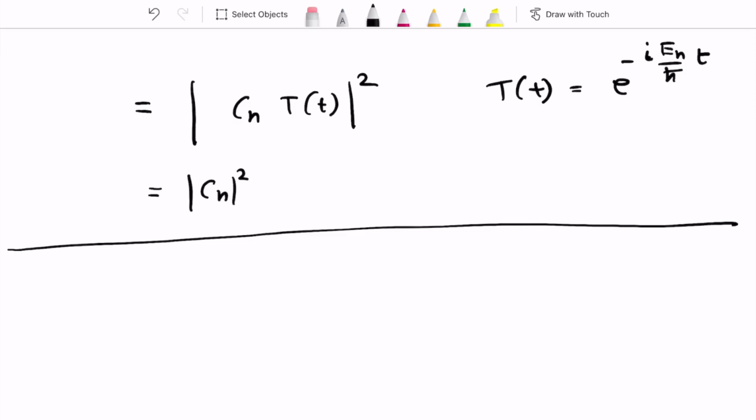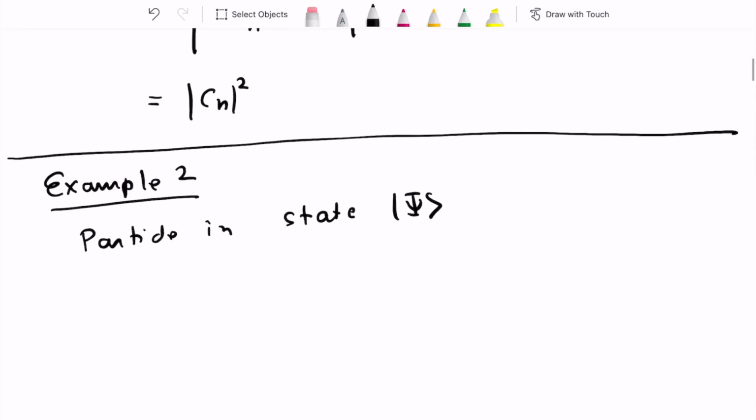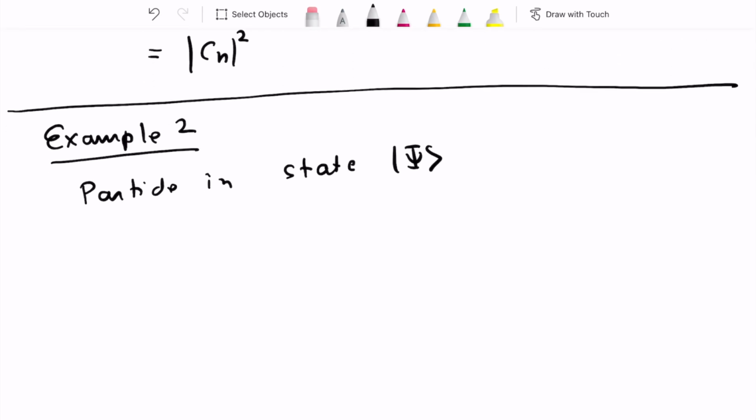All right, now let's do another example. So let's look at the probability. This is example 2. You have a particle in some general state psi, and you're measuring the position of the particle.